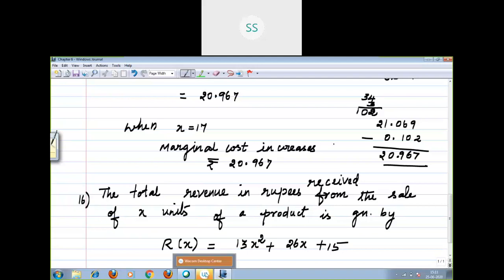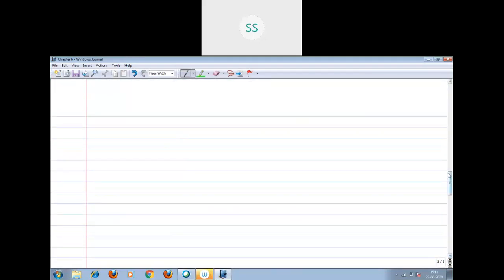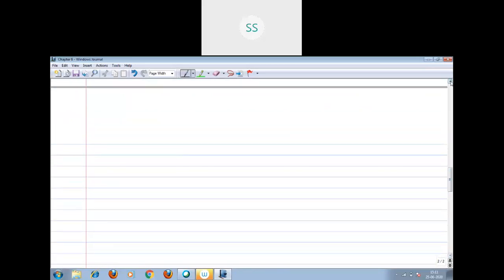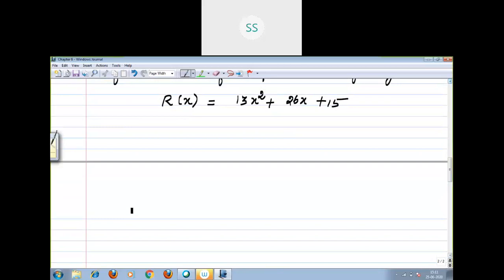Question number 16. Find the marginal revenue when x is equal to 7.